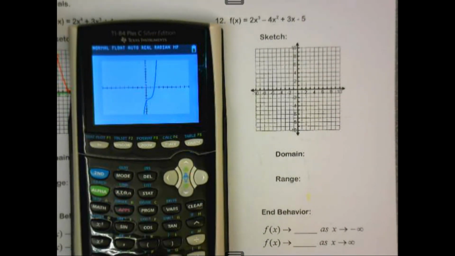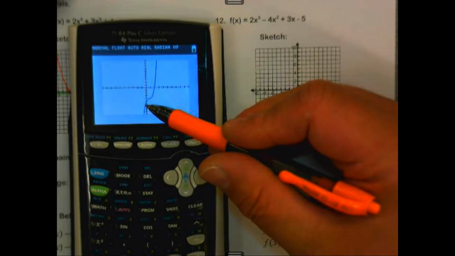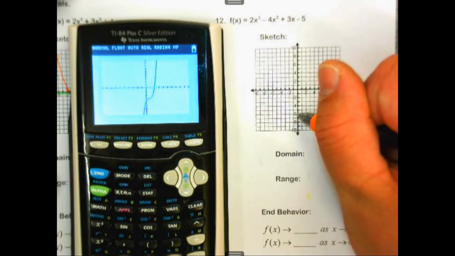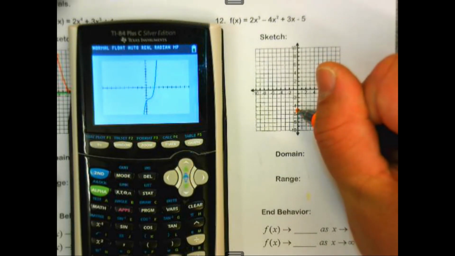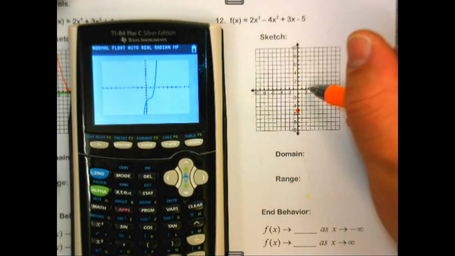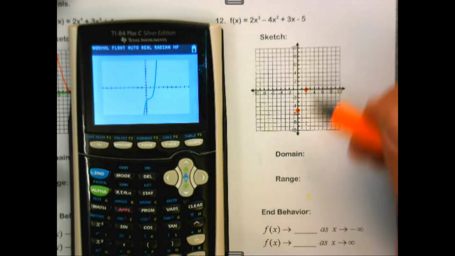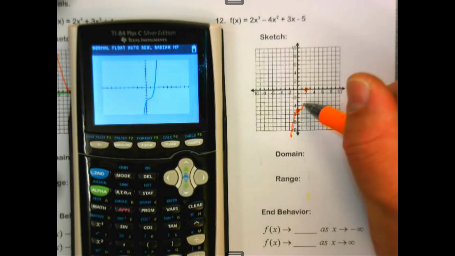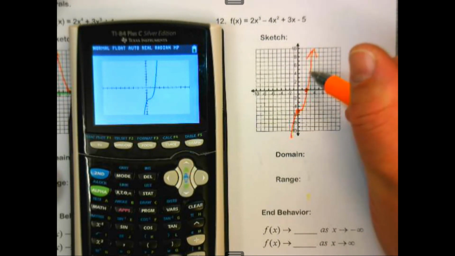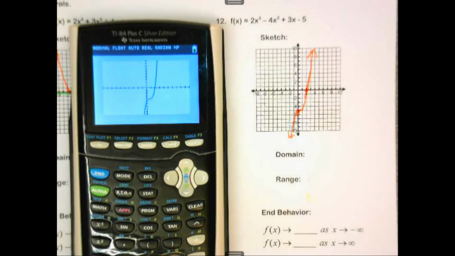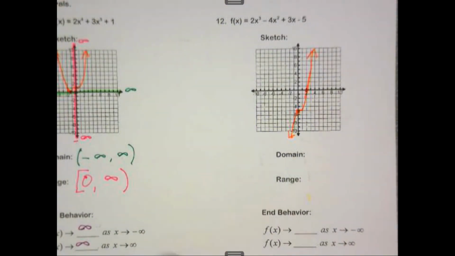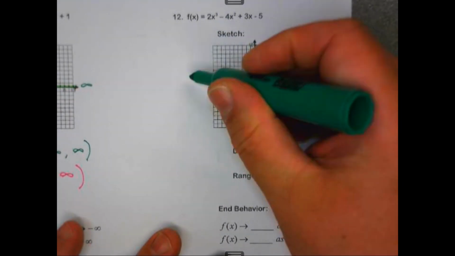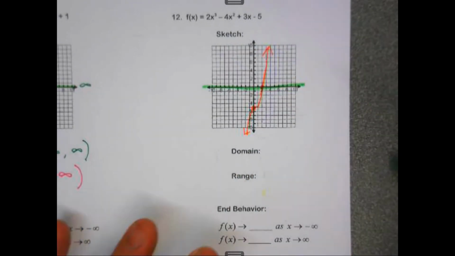Okay, let's sketch it. It looks like I have a y-intercept here at 1, 2, 3, 4, -5, and an x-intercept here at 2. So it comes back. There's a little bump here. It goes up there. Okay. There's my sketch. Domain. Here's my x-axis.